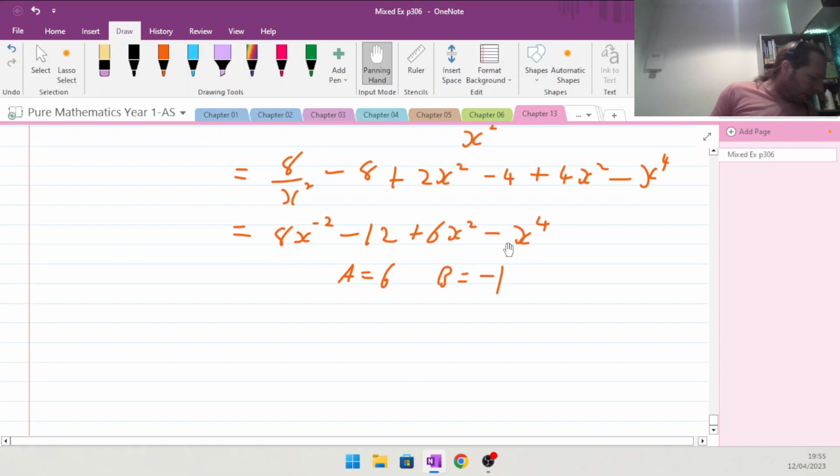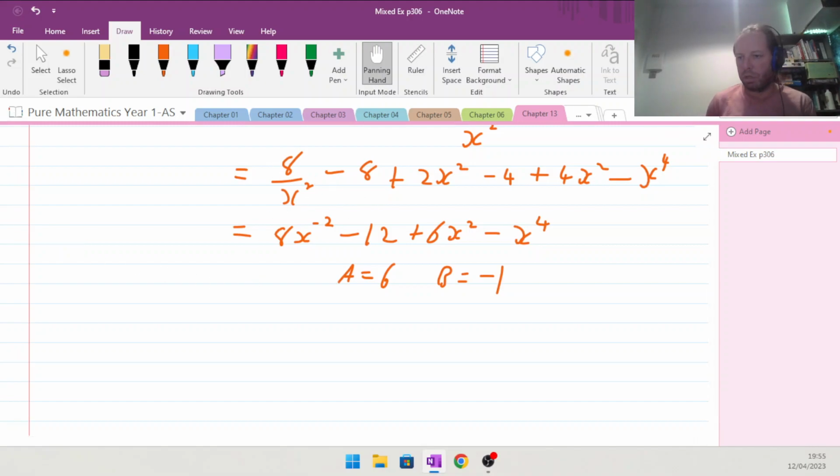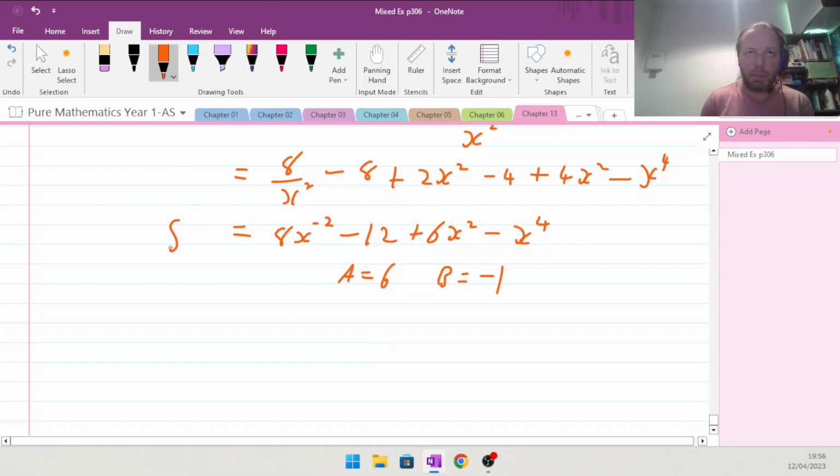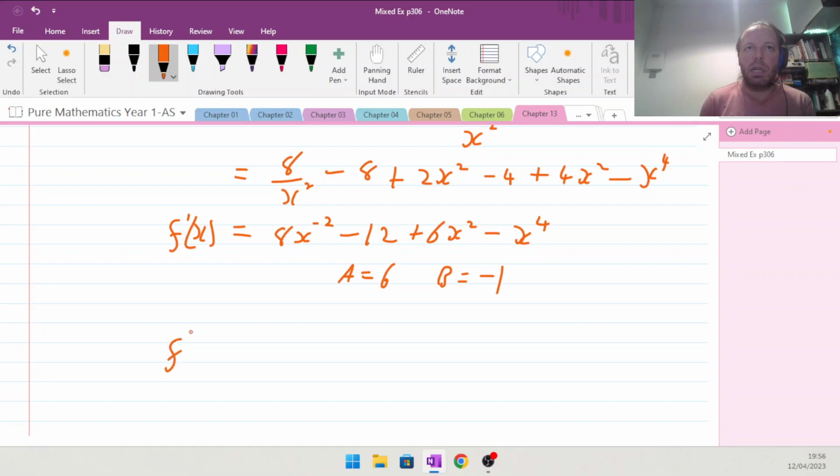Okay, find f double dash of x. So that is f of x, and now they want us to find the second derivative.